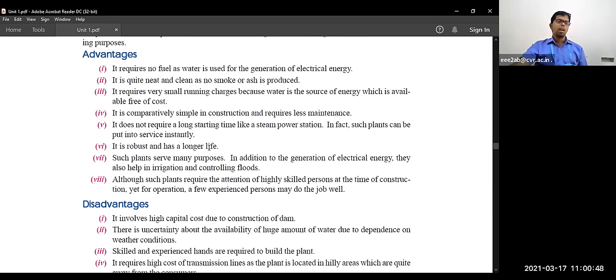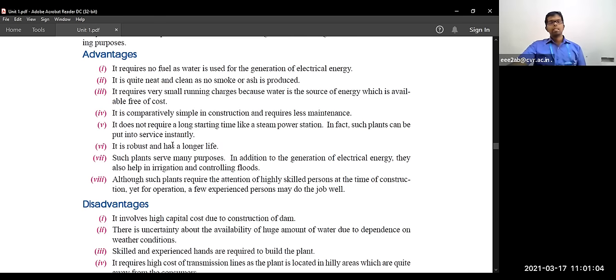Simply like that you can switch on, but not in a steam power station. In a steam power station you have to wait. If you want to add another steam power station, definitely you have to wait for 1 hour.